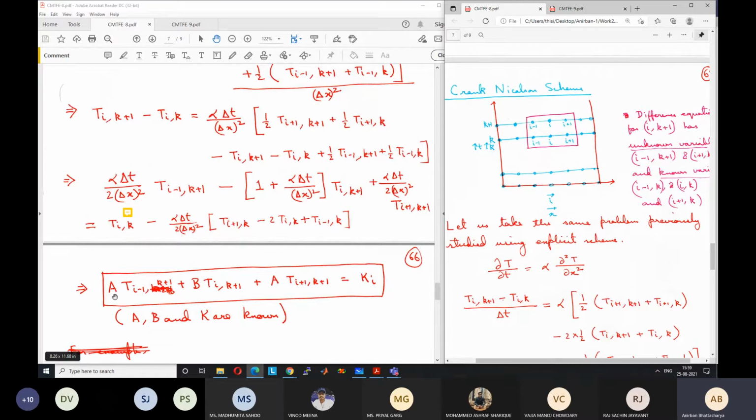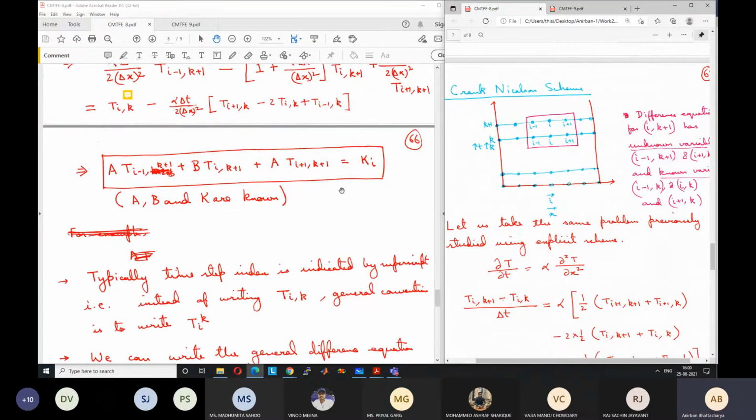So A and B will vary with different grid points. In that case, for a general equation, better to write it as Ai T(i-1)^(k+1) + Bi T(i)^(k+1) + Ai T(i+1)^(k+1), or even it can be Ci T(i+1)^(k+1), equal to Ki, for the ith grid point.